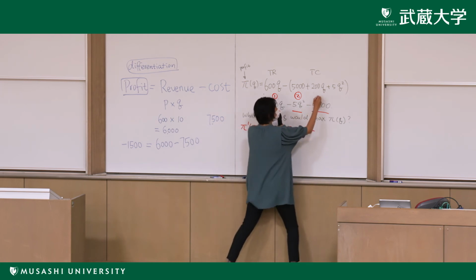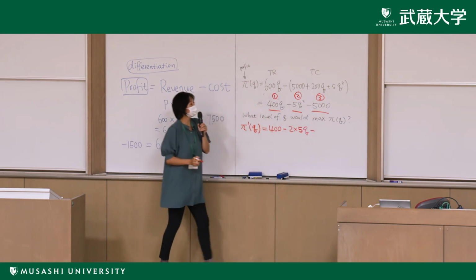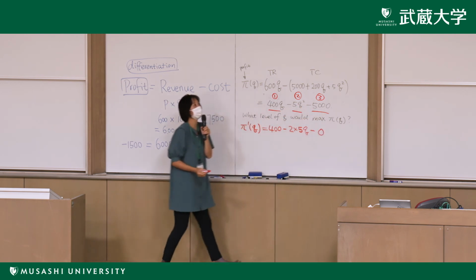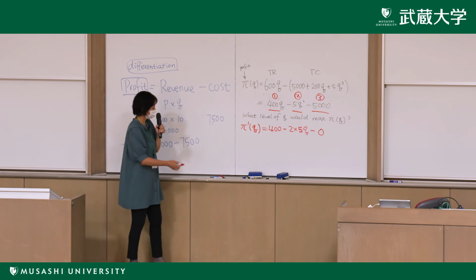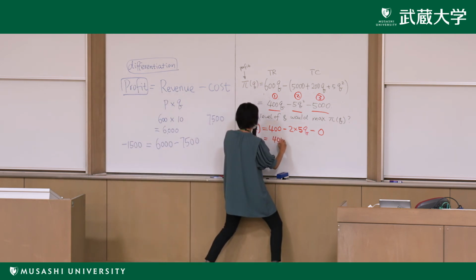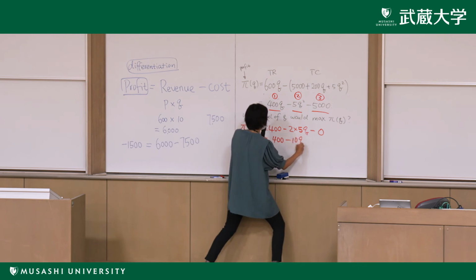And this is rule number 3: if you have a constant, with no q in there, then essentially it's a 0, so it doesn't change. So the derivative of this function becomes 400 minus 10q.